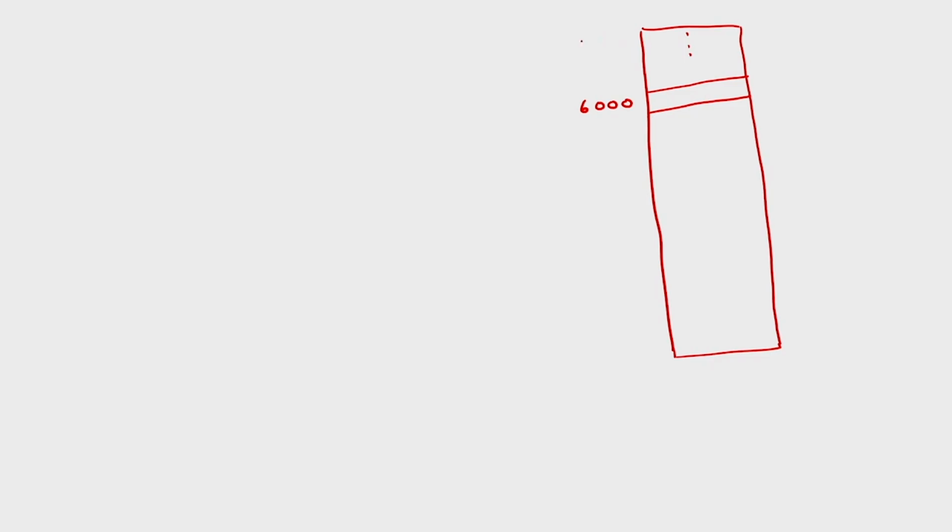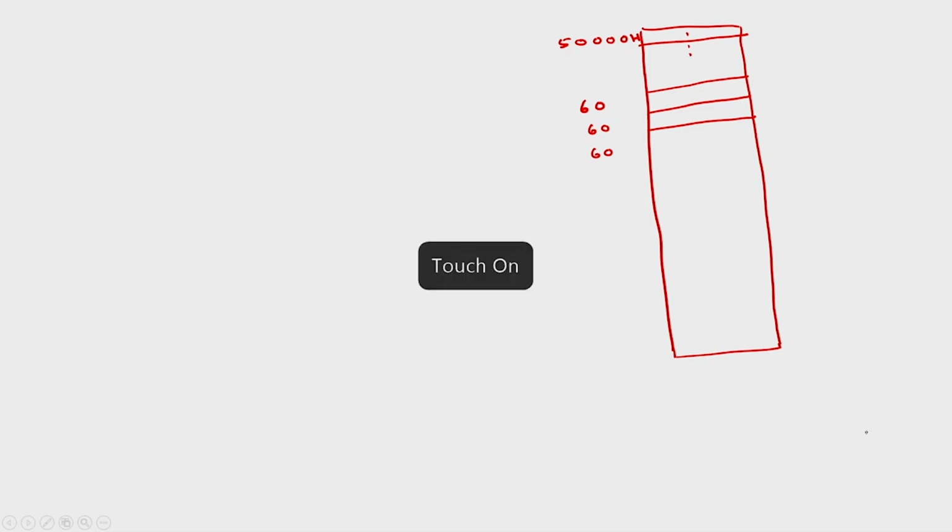The starting of this data segment is 50,000 H. Then 6001, 6002. So I will take the last 8 bits, 00 and 01, as the code corresponding to 0, 1, 2 and so on.